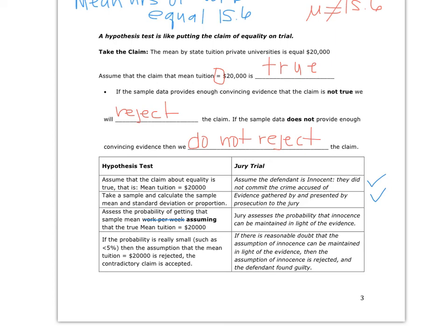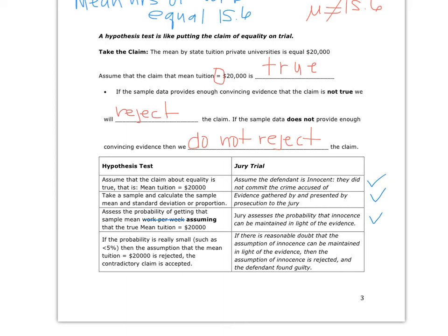Each of you calculated a sample mean based on the sample that you were assigned last week for confidence intervals. So what we're doing here is assessing the probability that you got that sample mean given, this is like a conditional probability, given or assuming that the true mean tuition is $20,000. That's comparable to the jury assessing the probability or likelihood that innocence can be maintained in light of the evidence presented by the prosecution.